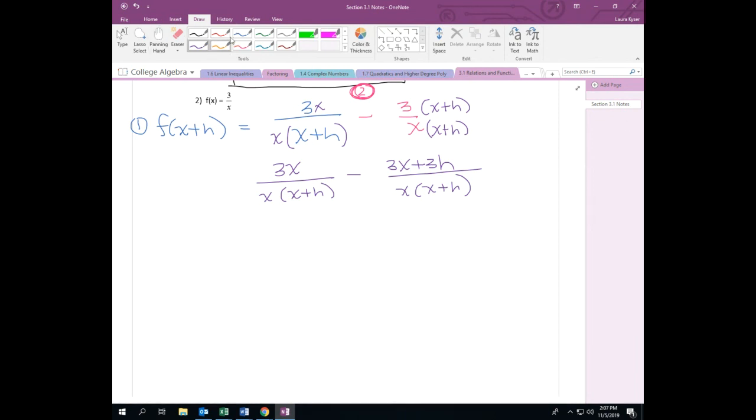Now, I want to combine some like terms here because we are subtracting two rational expressions. Remember, subtraction means adding the opposite and combining like terms. When I combine the like terms in the numerator, the 3x's cancel each other out, which is great. I'm left with negative 3h over x times x plus h.